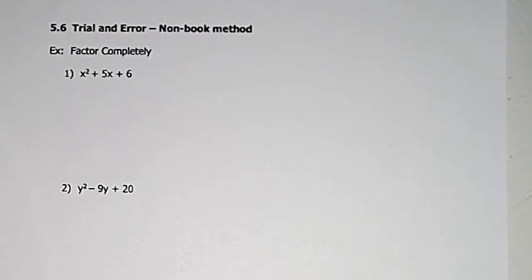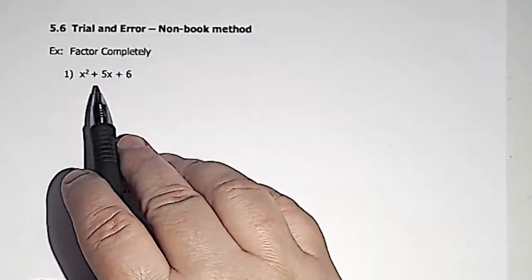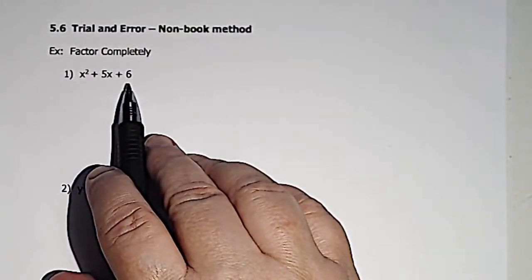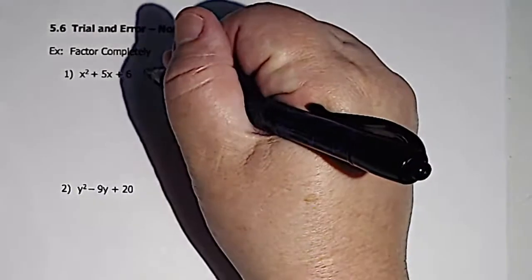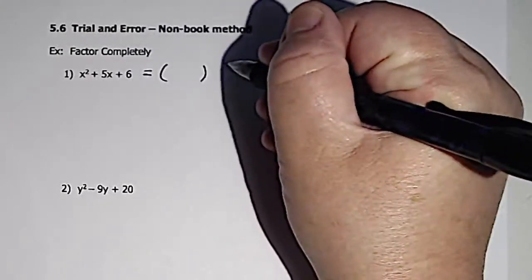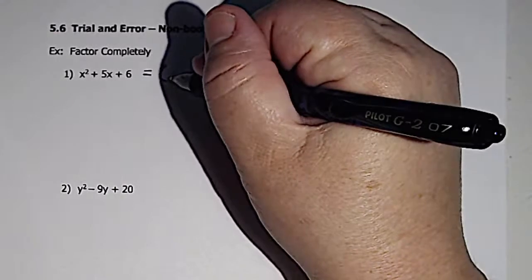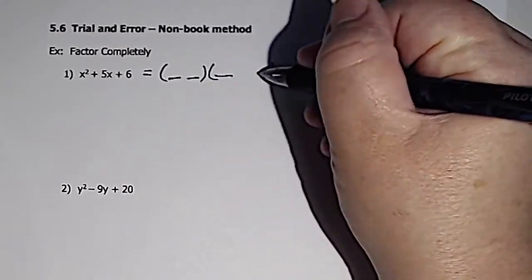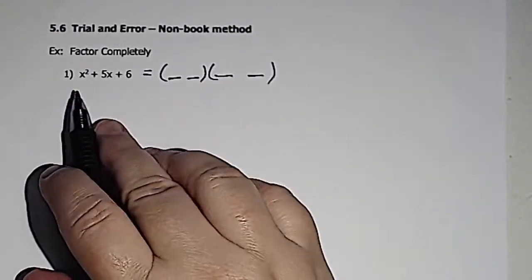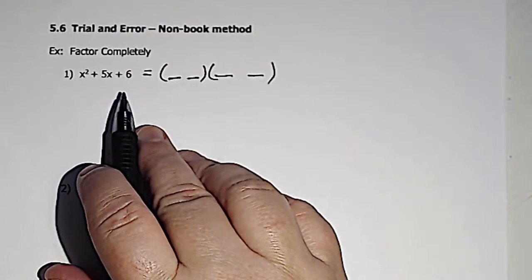So here we go. I have x squared plus 5x plus 6. I want to find two binomials which when multiplied give me this polynomial.